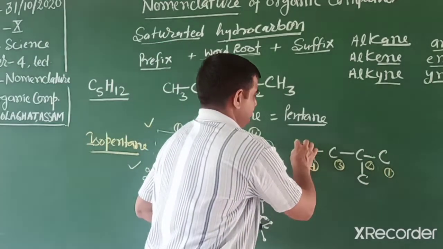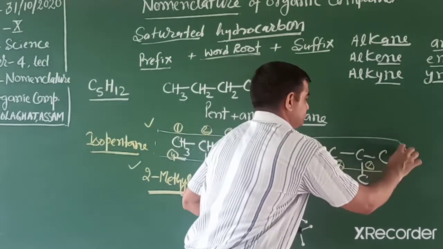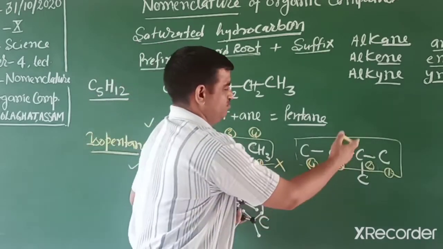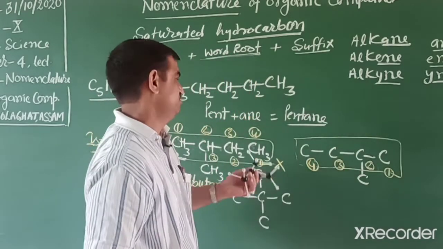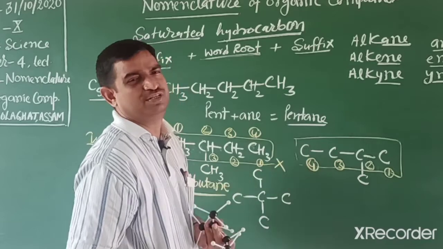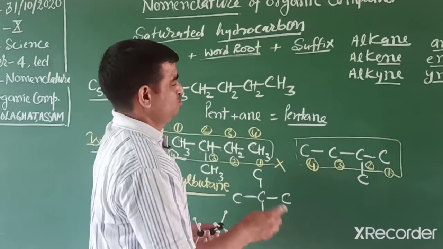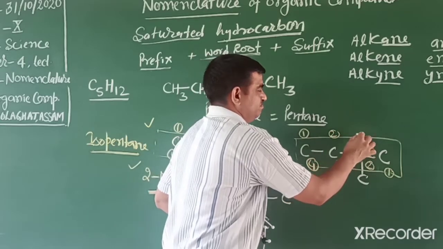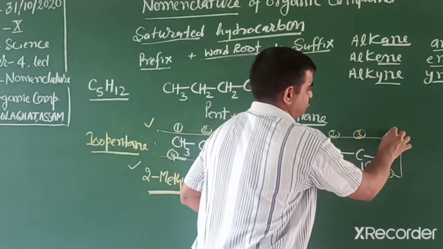So this one is the main chain. If you write only the carbon skeleton, this one is the main chain and one is a substituent. We can write hydrogen in this, no problem. If we start this side, 1, 2, 3 and then 4.